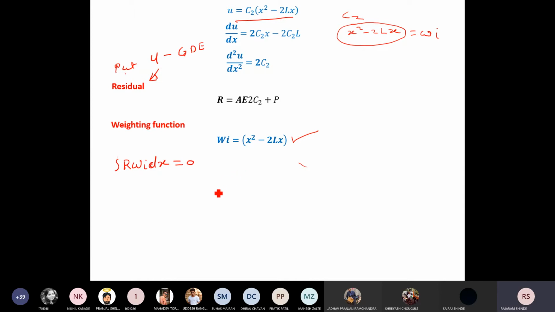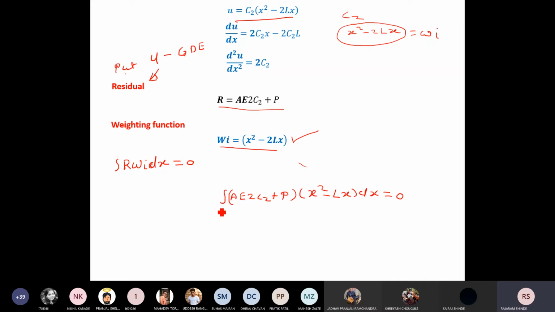Now your r is here. We have calculated r here. This is your r. This is your weighting function. Now integrate the product of r into wi. R into wi is AE 2c2 plus p into x square minus Lx over dx, equate this with 0.